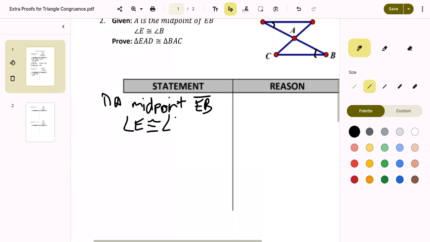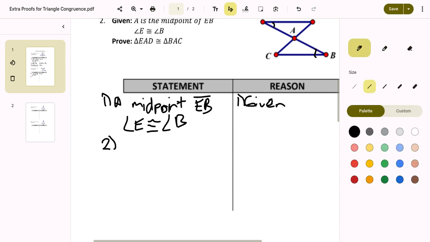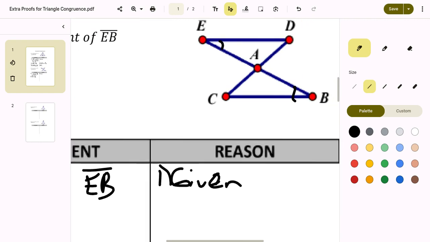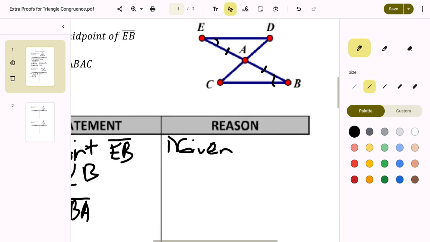Is congruent to angle B, and that's our given. So very similar to how we did it in Unit 1, we're going to use that definition of midpoint, or that word midpoint, to say that E to A, but E to A is congruent to B to A. And we know that up in our picture because A is that halfway point between E and B, or A is that midpoint.